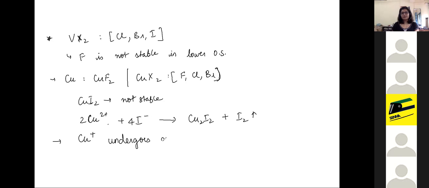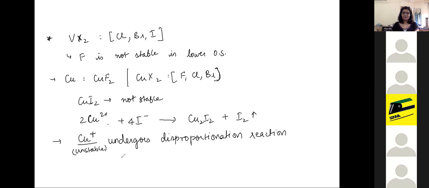Do you guys remember what disproportionation is? It is the event where the same element undergoes oxidation and reduction in a chemical reaction, correct? So Cu plus is unstable, and it undergoes disproportionation.